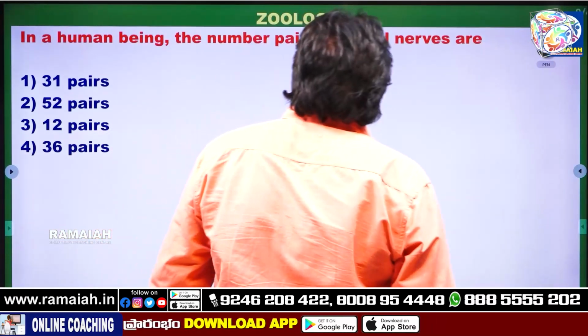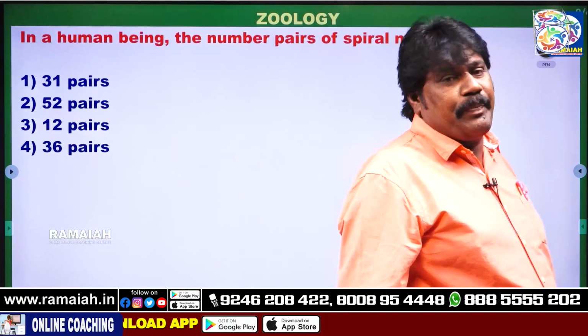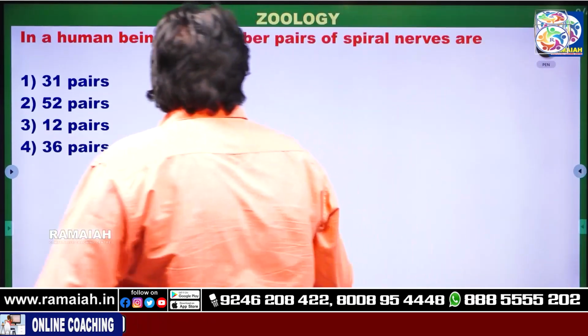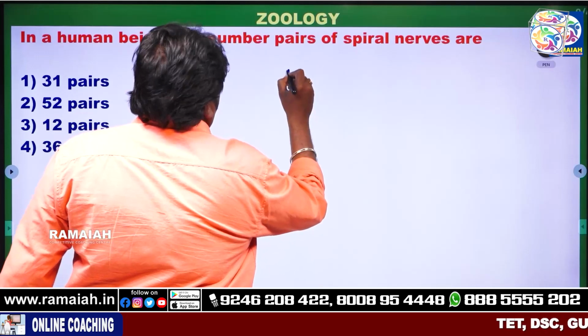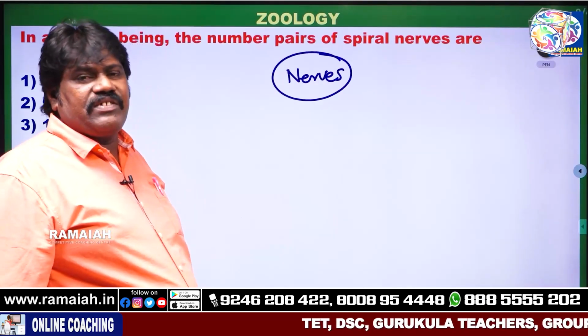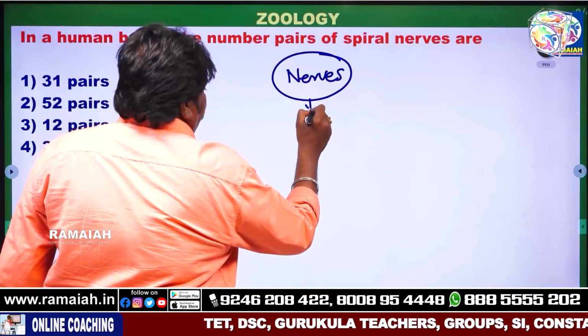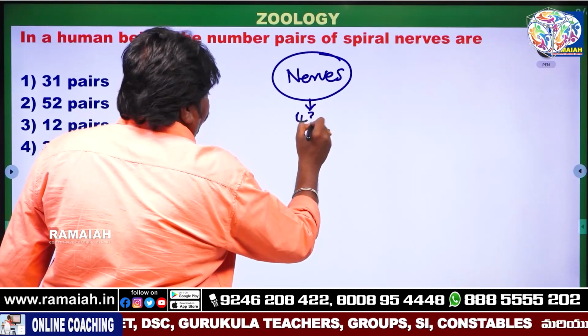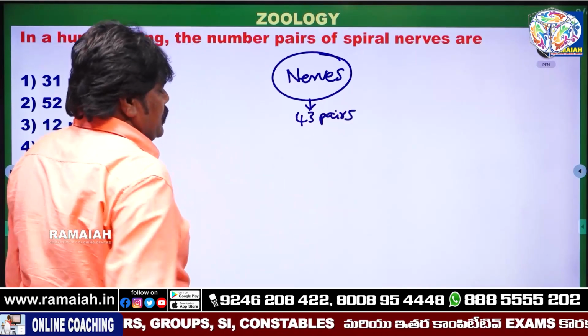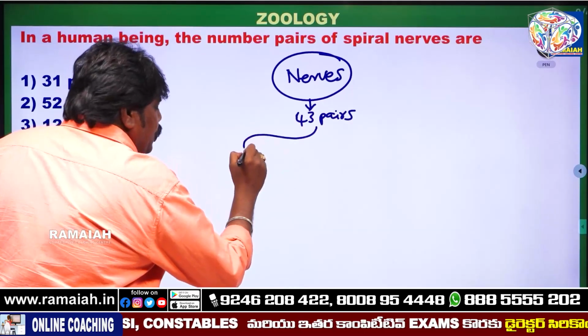In human beings, the number of pairs of spinal nerves. Here, look, the nerves of human beings. The total nerves in human beings are 43 pairs. In the 43 pairs of nerves, they are classified into two parts.